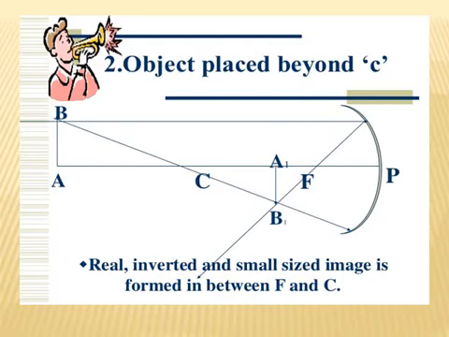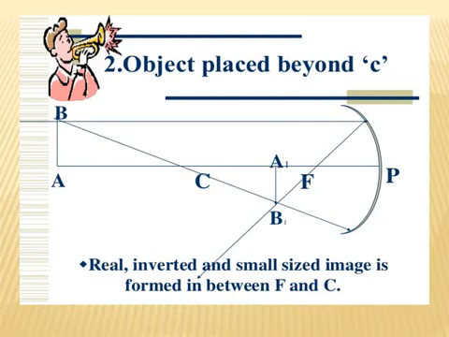Second, you connect the point B with the point C. That means the ray which is passing through the center of curvature is retracing its path. So the incident ray and the reflected ray will be one and the same. Complete these two rays and observe where these two reflected rays meet or intersect.